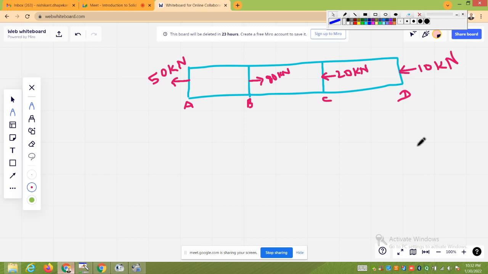So now try to listen to this carefully. The length of this section AB is 600 mm. The length of this section BC is 1000 mm.